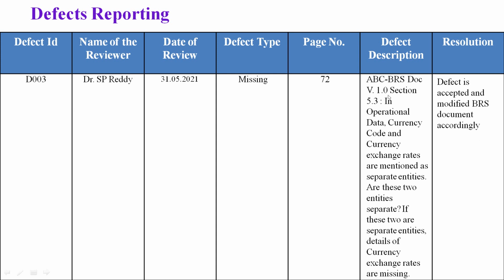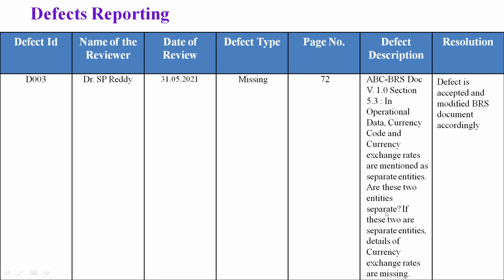So, in this defect, under the section 5.3, this is the defect description. In the operational data, currency code and currency exchange rates are mentioned as separate entities. Are these 2 entities really separate?